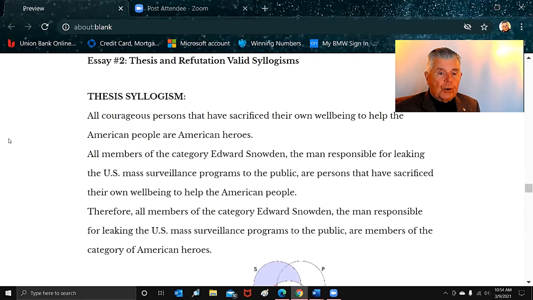So the middle term, courageous persons, appears as the subject of the major and the predicate of the minor. And so the major and minor term now have been joined to lead to the conclusion, which she says, therefore, all members of the category Edward Snowden, the man responsible for leaking mass surveillance programs to the public, are members of the category of American heroes.